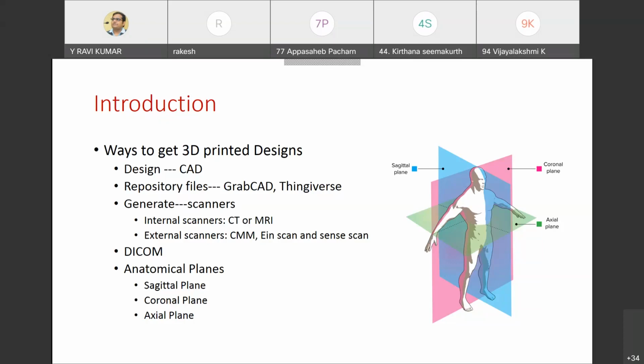You can even download a few engineering files from GrabCAD and Thingiverse, but those are outdated, and we can go only with scanners. Specifically internal scanners, CT or MRI. A few external scanners are also available, which outline your periphery of the body, like the external boundary only can be scanned, not the internal one.